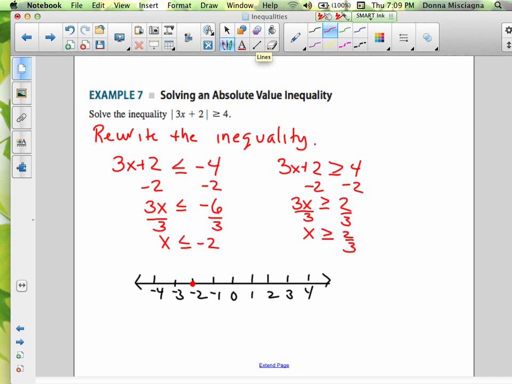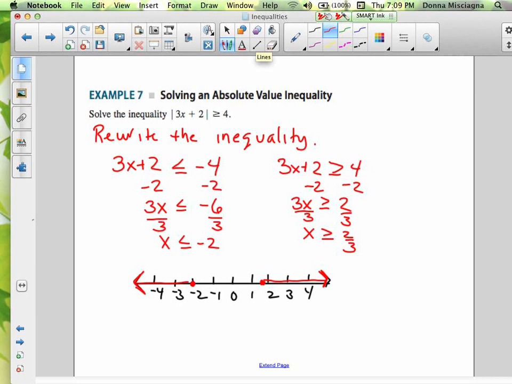That point is included. And then also a closed circle at 2/3, and that's right about there. Right? And we want x less than or equal to -2, so it's all of this, or more than or equal to 2/3, so it's all of this.